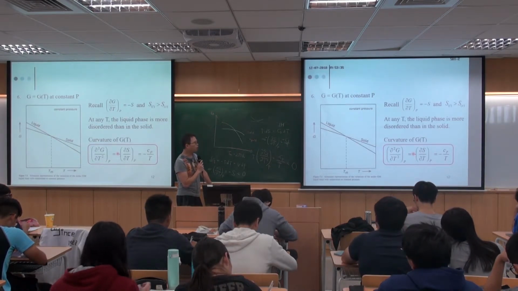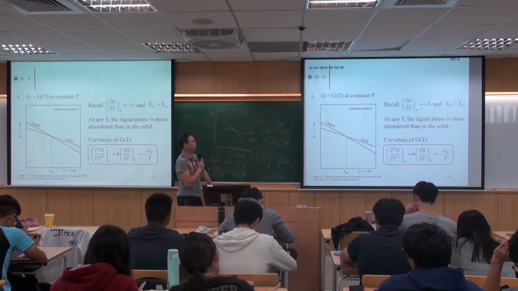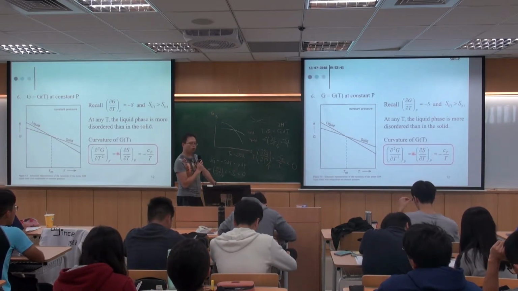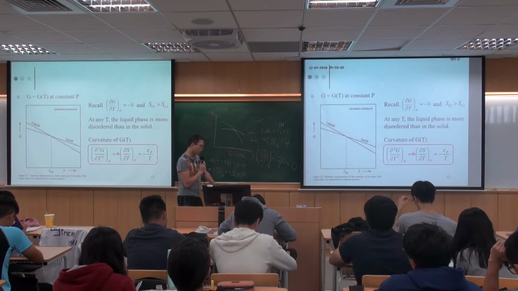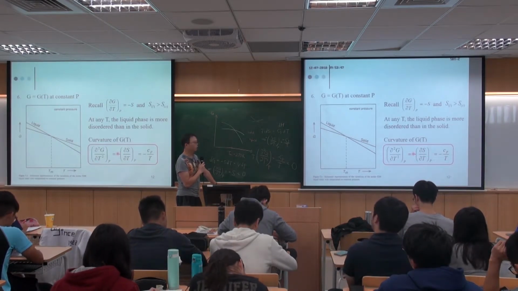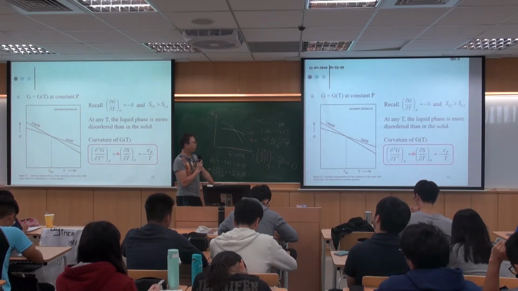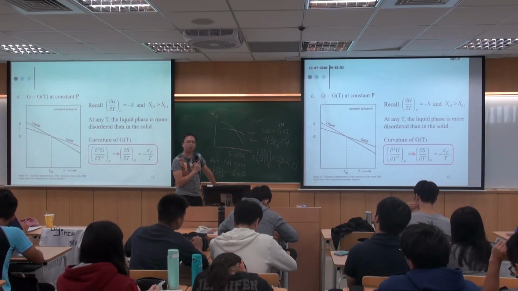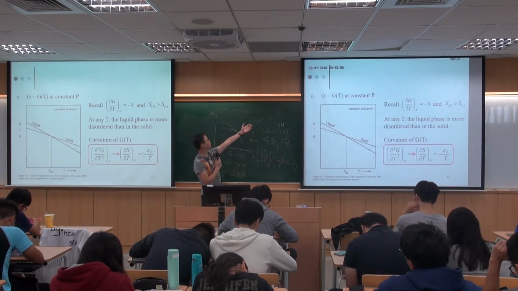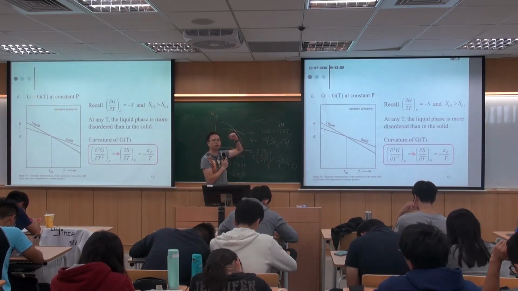So the key points here are, first of all, if you plot G of T, or Gibbs free energy as a function of temperature, for all substances, for all kinds of materials, the slope should be negative, and the curvature should also be negative. That's the reason why we can be sure it should behave like this rather than something like this.